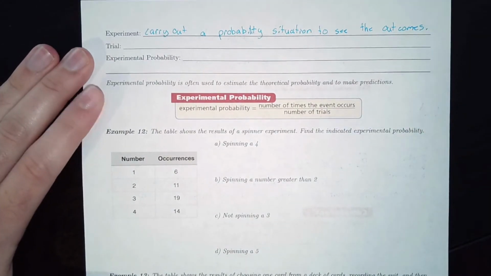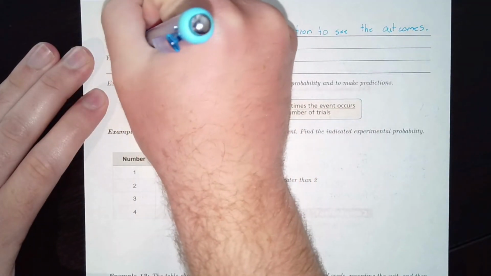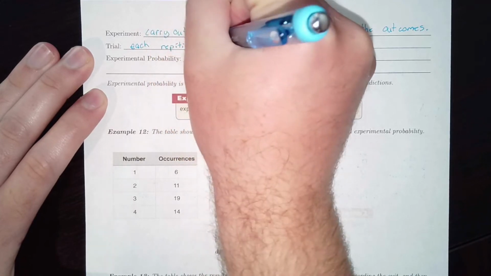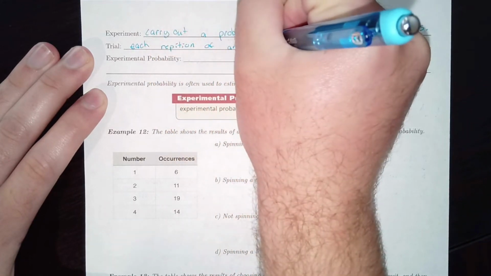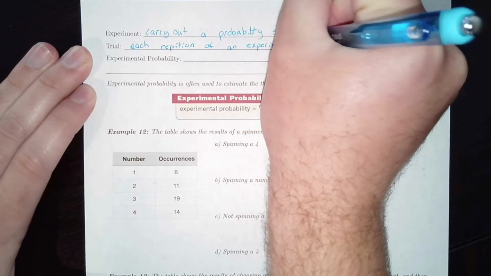Okay. When we do this, we get a couple new words we need to talk about as well. We have a trial, which is each repetition of an experiment, or each time that I try whatever I'm trying to do.